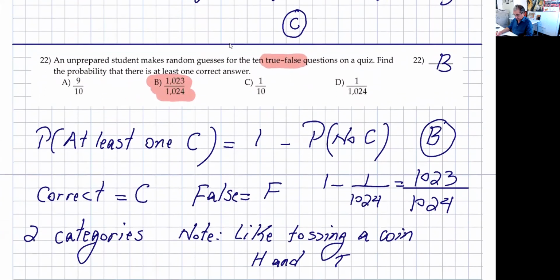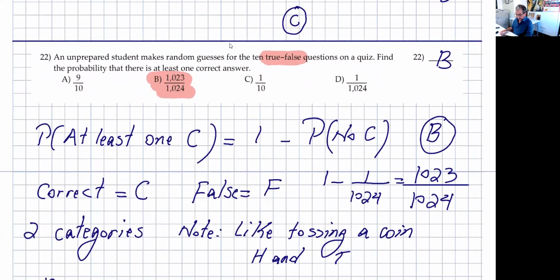Now to make this easy for you to understand, I put some notes here. Whenever you have two-category events, like tossing a coin, heads and tails, true, false, female, male, these are always two categories.